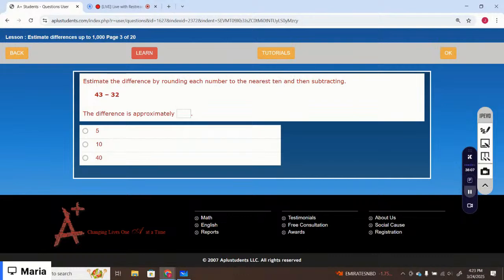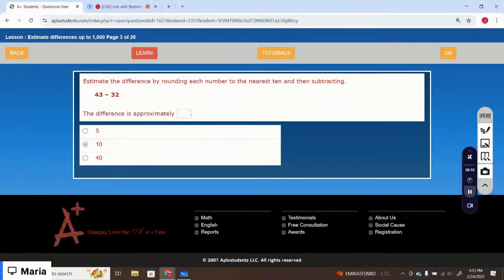Which option is the correct one? 43 minus 32 equals. Option number 2 is the correct option.